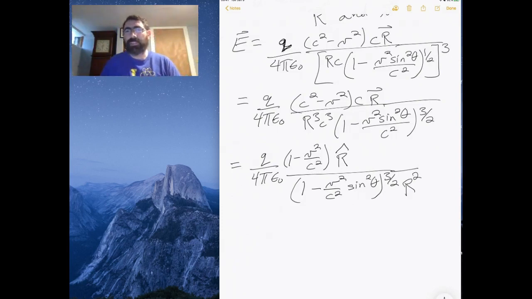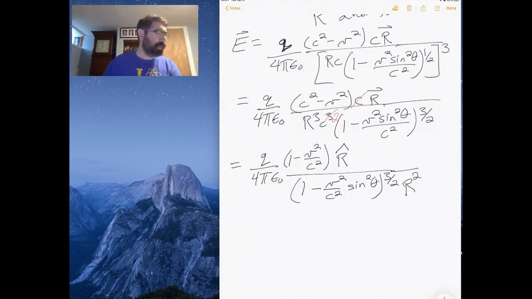Or another way of saying it is I took that c cubed in the denominator, canceled that c, made that c squared, and then divided the top and the bottom by c squared, which then gives me this.